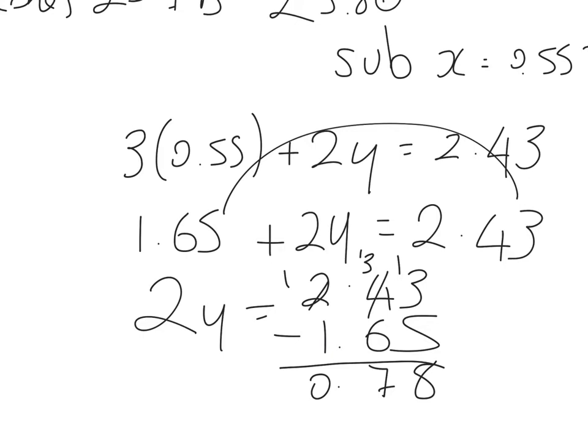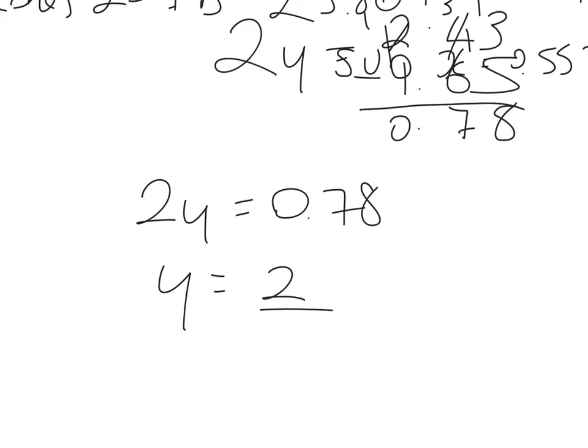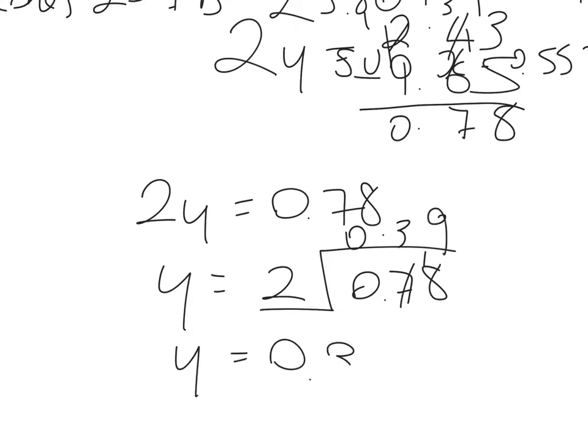So now what I've got is 2y is equal to 0.78, and y will be equal to 0.78 divided by 2, and be prepared to do this stuff without a calculator. 2 goes 0, 7 goes 3, remainder 1, and 18 goes 9. y equals 0.39, so 0.39 pounds.